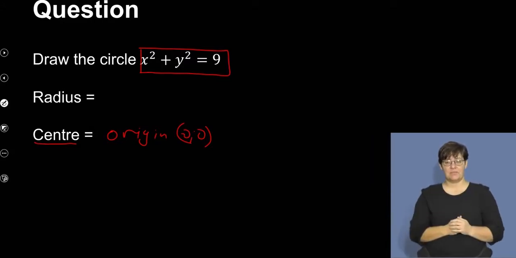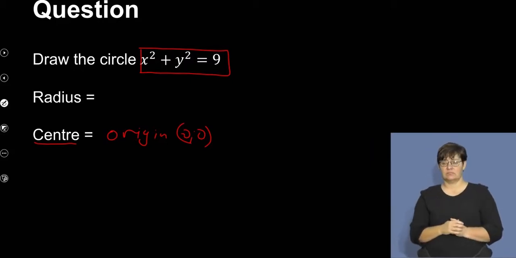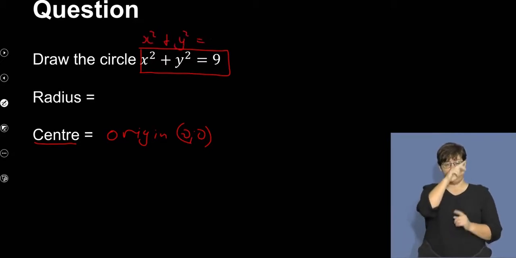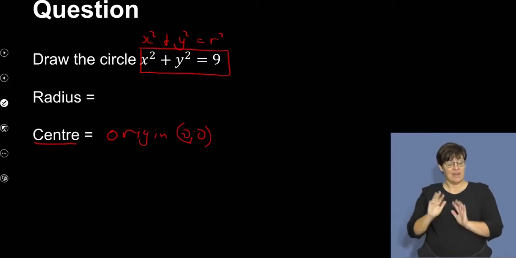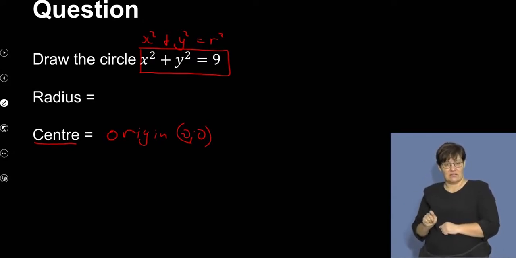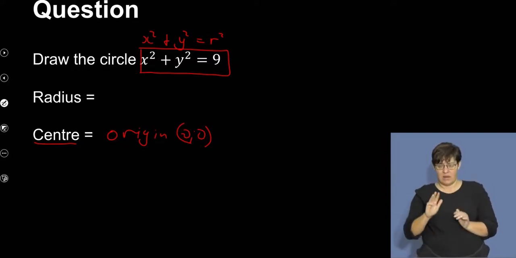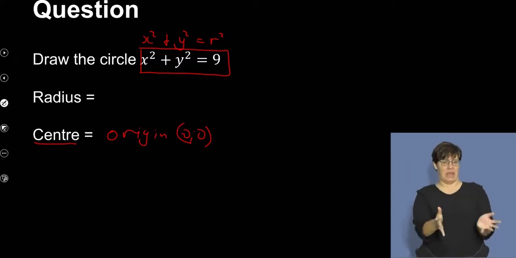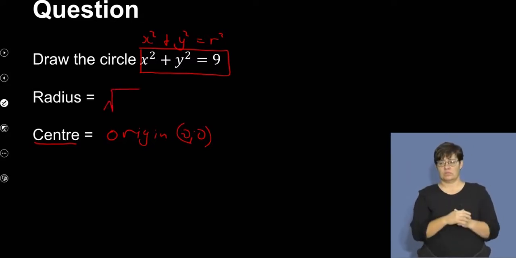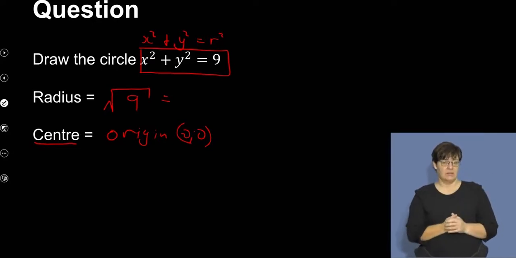The radius, well, what did we decide? We decided that the form our circle is going to come in is going to be x squared plus y squared is equal to r squared. So that 9 is my radius squared. So how do I work backwards? If 9 is my radius squared, how do I work backwards to get my radius? Well, what I'm going to do is I'm going to square root 9, and what I'm going to get is 3.